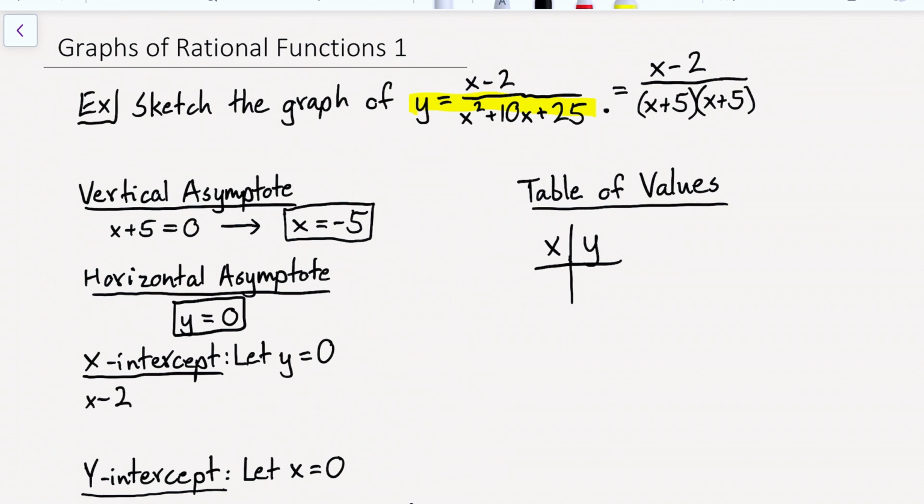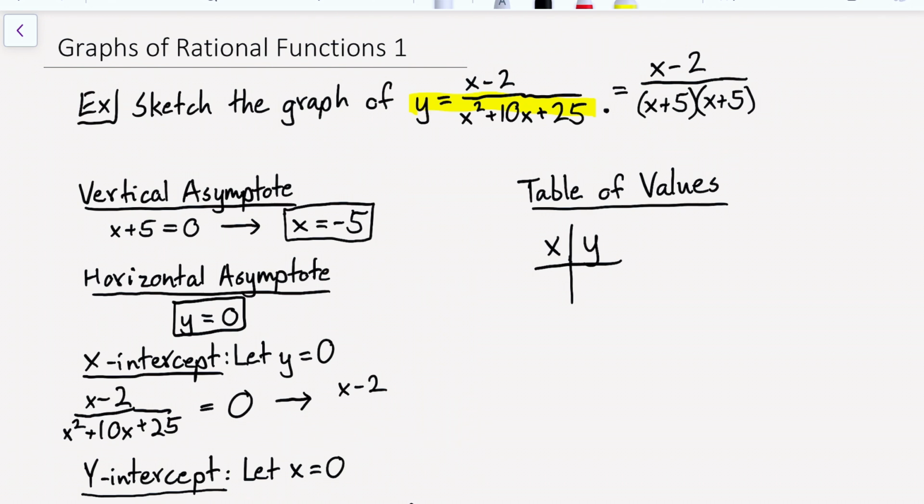So we can find the x-intercept here by letting y equal 0 and solving for x. Now if you think about the scenario where we have this polynomial divided by another polynomial, and the fraction is equal to 0, how could this fraction equal 0? Well, it's only going to occur if the numerator equals 0.